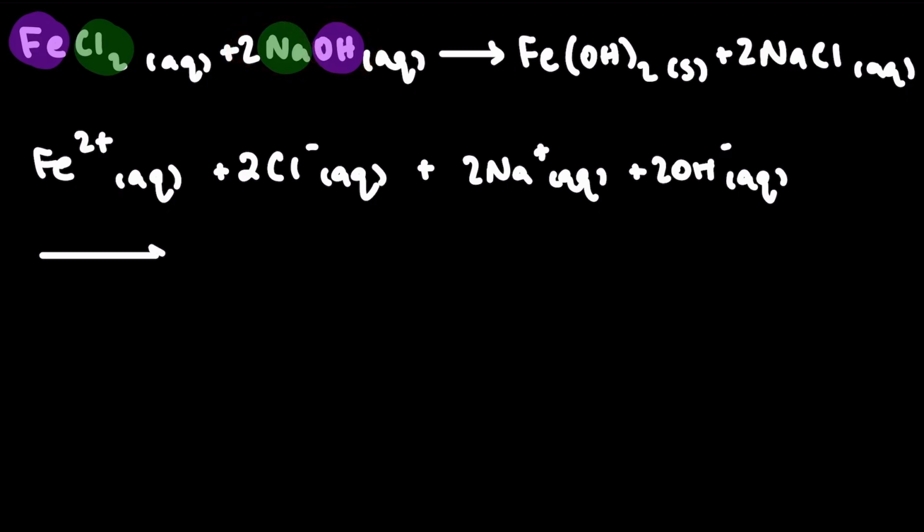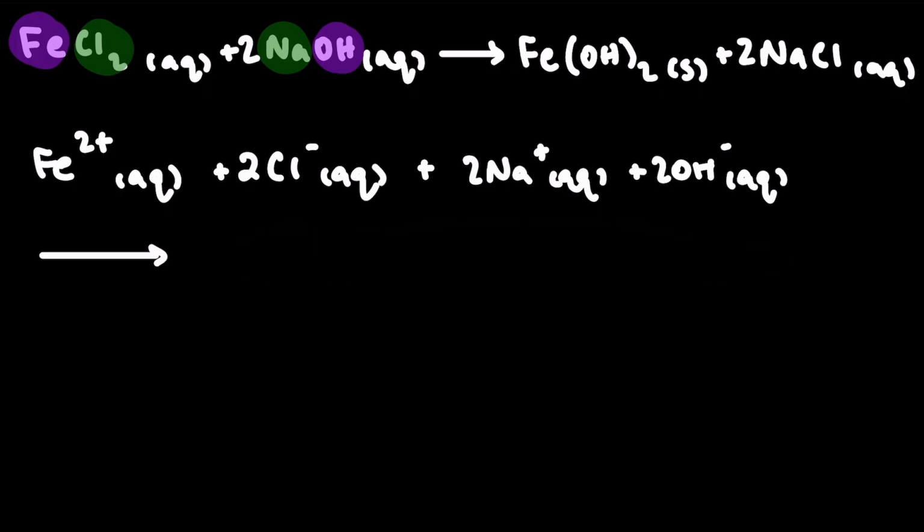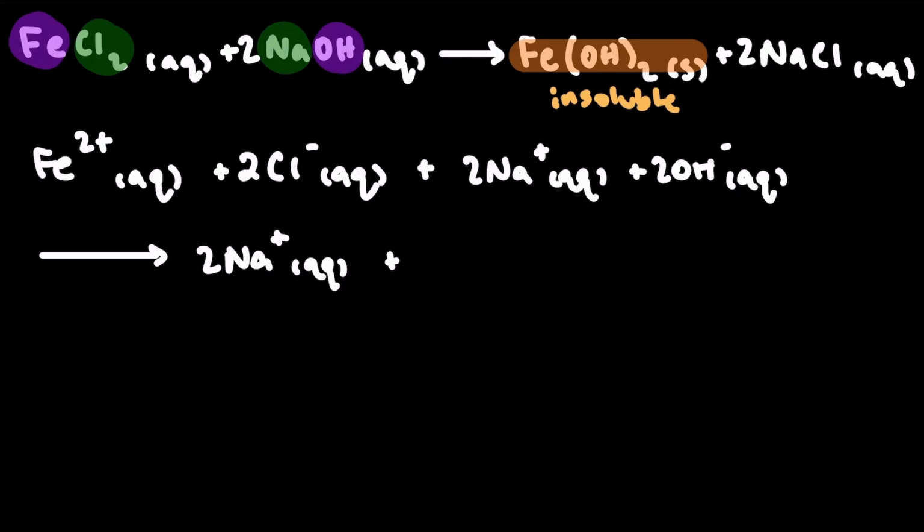Now, I've run out of room, so I'm going to do the products down here. Next, I need to have a look at the ions for sodium chloride. I have to skip iron hydroxide, and the reason I'm doing that is because it is not aqueous, it is insoluble. So if I were to split up NaCl, I will split it up into 2 Na pluses and 2 chlorines.